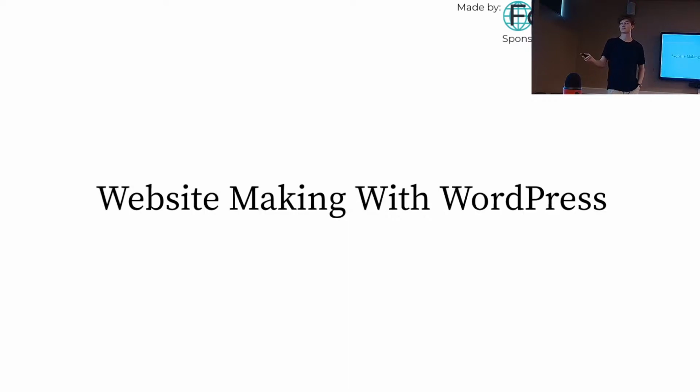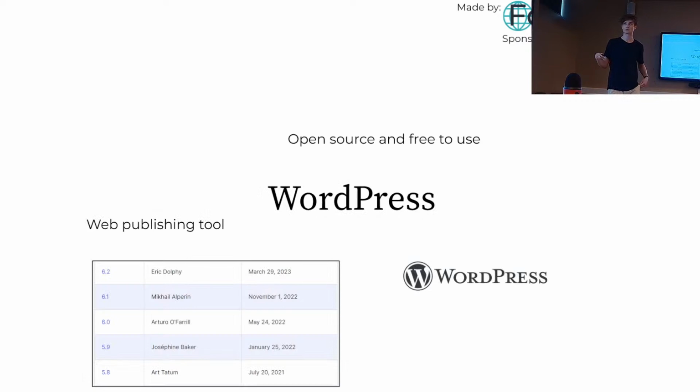So website making with WordPress. WordPress is basically just an open source and free to use web publishing tool. So you make some websites and you get the file, and so you can host it on a hosting service. That's basically what WordPress is.